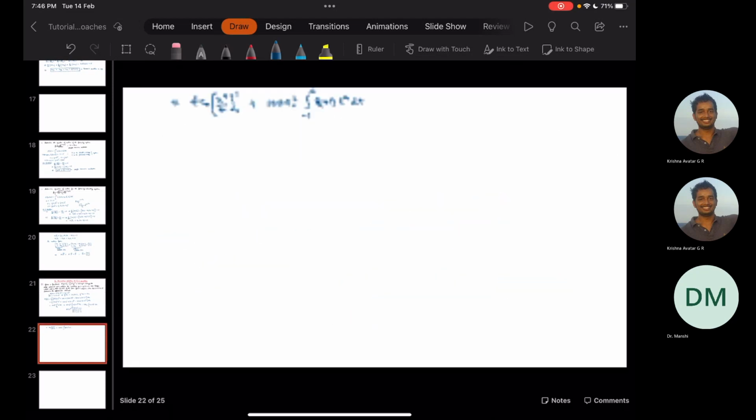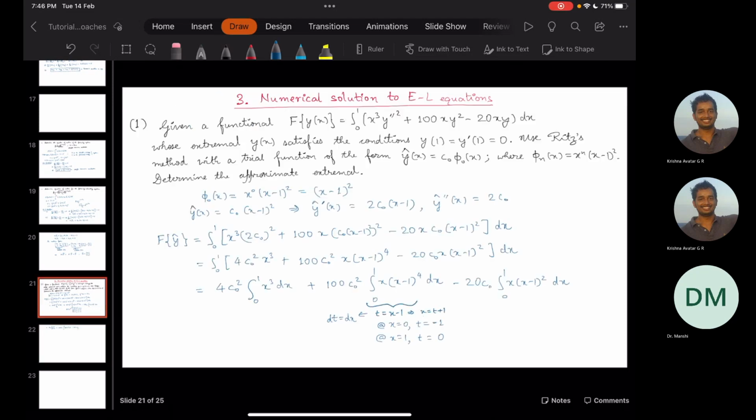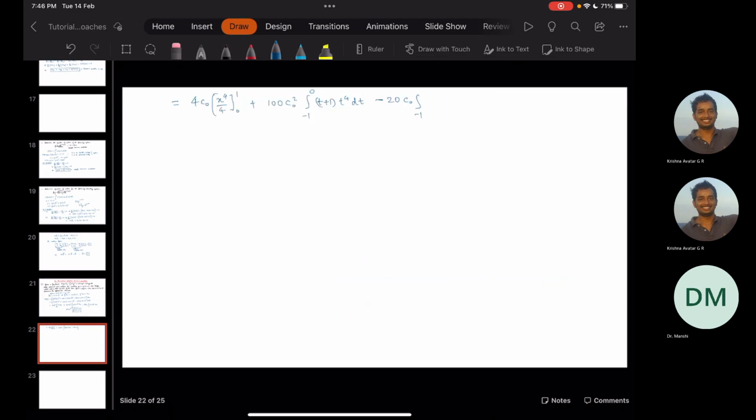Likewise, we have minus 20 c naught, integral from minus 1 to 0 of (t plus 1) into t squared dt.